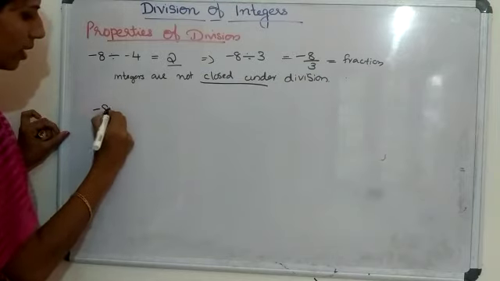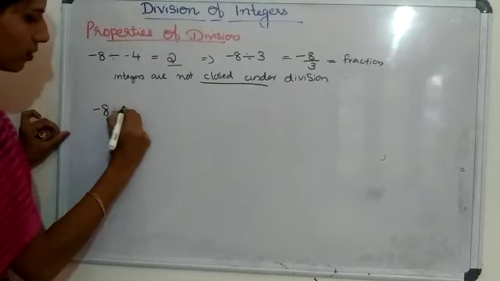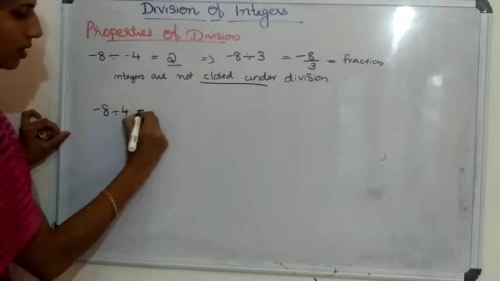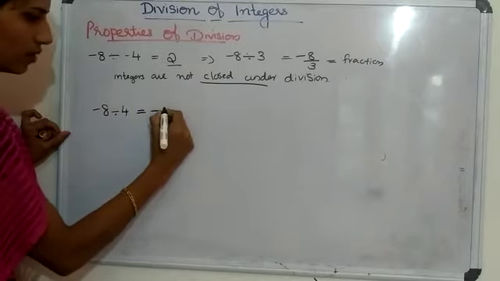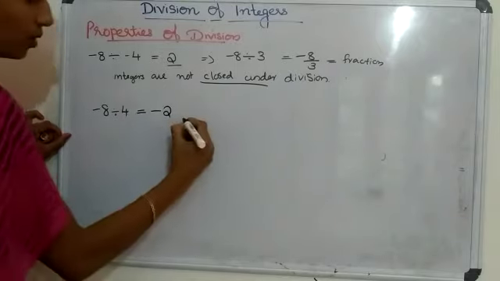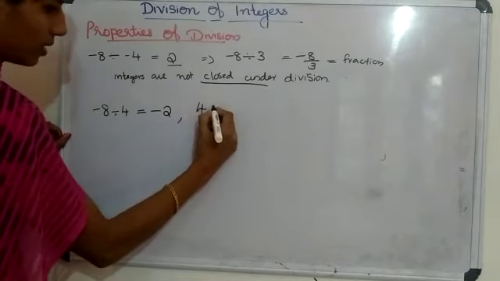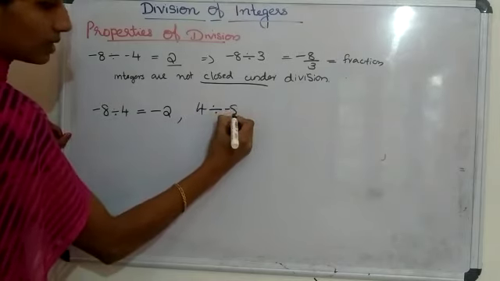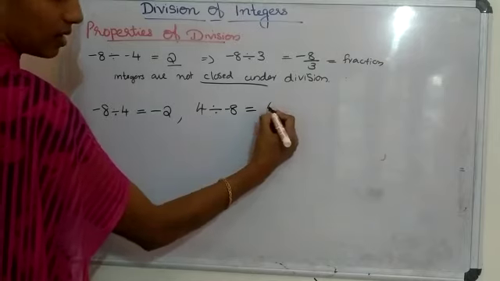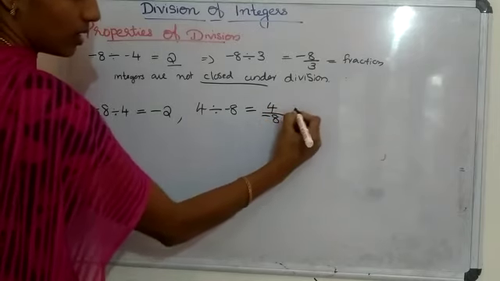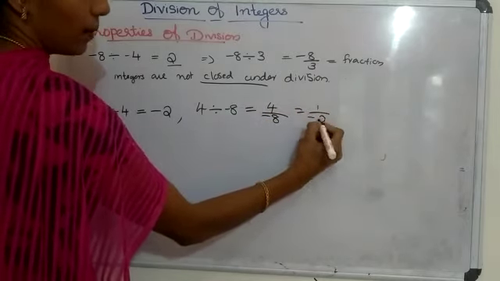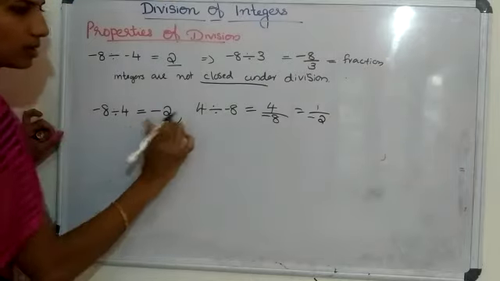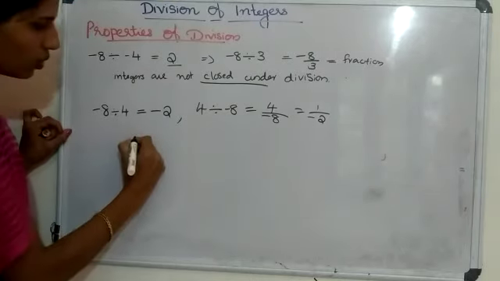Same way, if negative 8 divided by 4, what is the answer? It is negative 2. Now, vice versa. 4 divided by minus 8. What is the answer? That is equal to 1 by minus 2. So both times the answers are different.